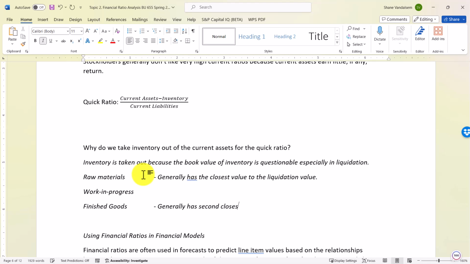And I mentioned that the raw materials generally has the closest value to liquidation value because oftentimes you can take those raw materials and sell them back to the supplier, as long as they have another outlet for those materials, or you can sell them to another producer, another manufacturer, to close to the value that you paid for them. Finished goods, especially if a company is going out of business, it means they haven't been able to sell their finished goods very well.